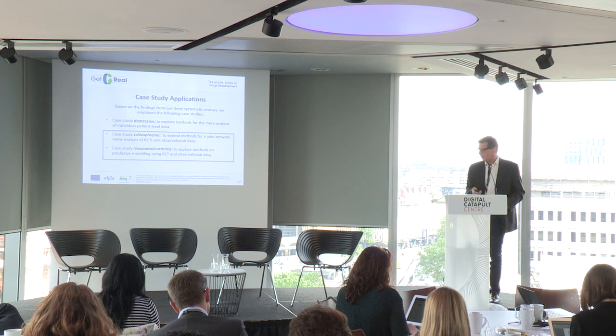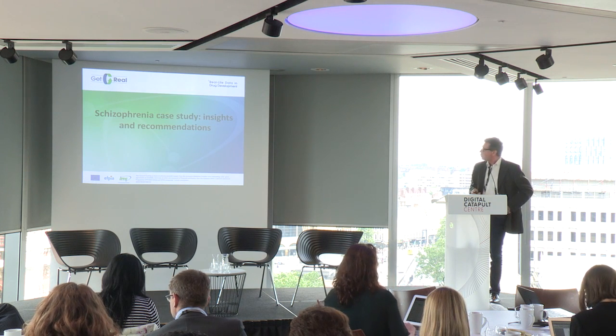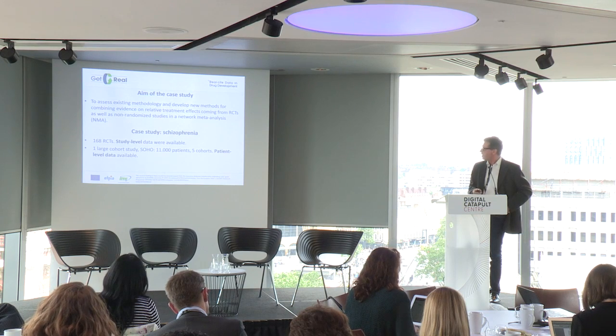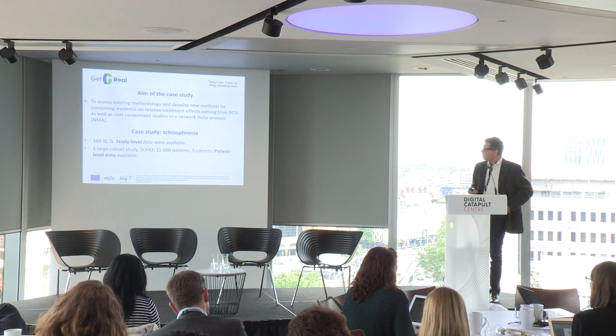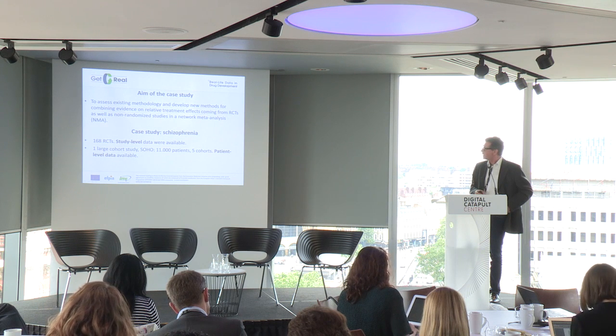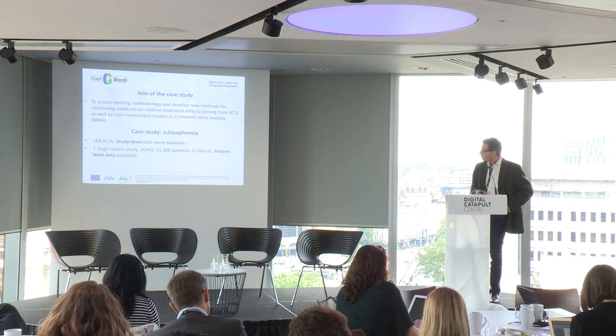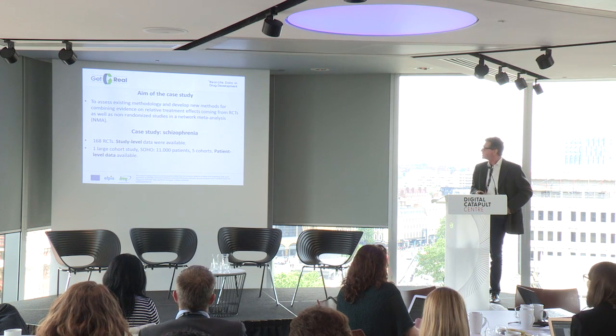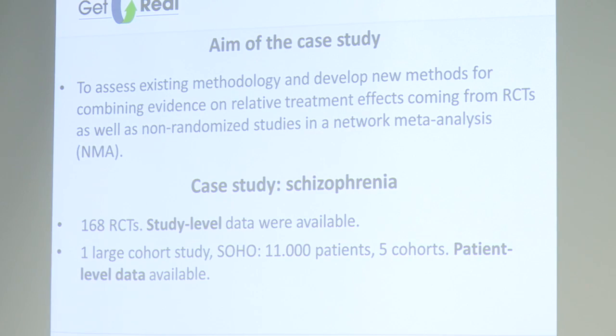bridging the efficacy-effectiveness gap. So the first one is schizophrenia, and as I said, we really wanted to assess existing methodology and develop new methods for combining evidence on relative effectiveness and see how we can integrate data from RCTs with observational data.